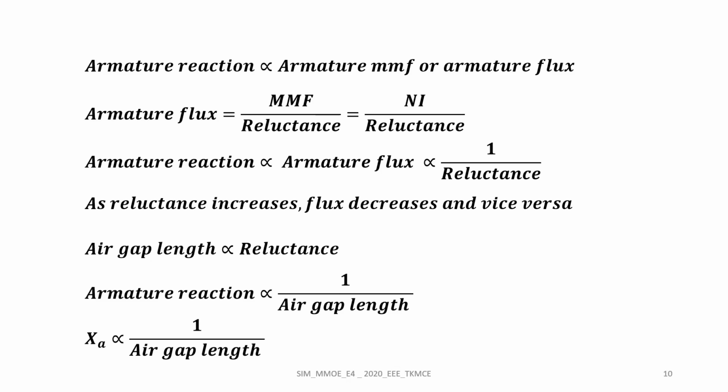Therefore, the reactance that represents armature reaction is inversely proportional to air gap length. So as air gap length is less, reactance will be more. As air gap length is more, reactance will be less. So this is the important concept which is required during the discussion of two reaction theory.